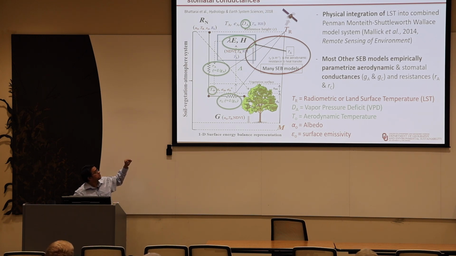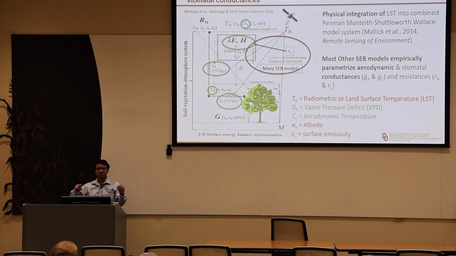So the model uses these remote sensing products, combines them with meteorological climate data, and then solves the surface energy balance process and computes the latent heat flux. This is one model that we had developed. I worked with the model developer of STIC, and the model was initially only developed for point scale.